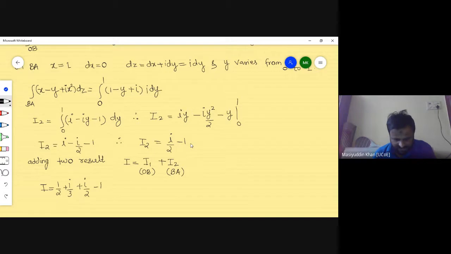So we have to simplify these two parts. So we will get I is equal to 1/2.